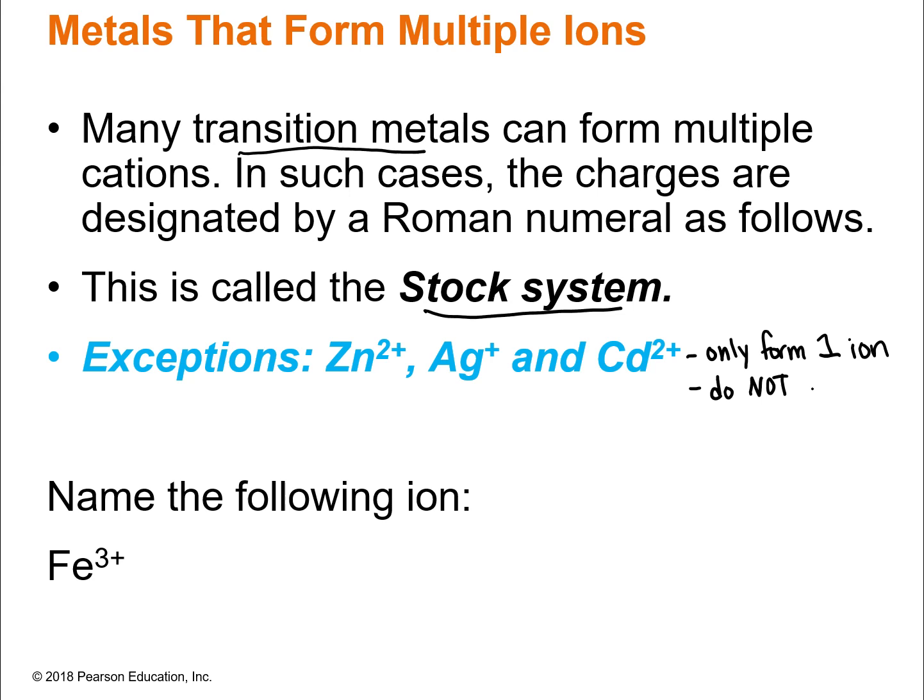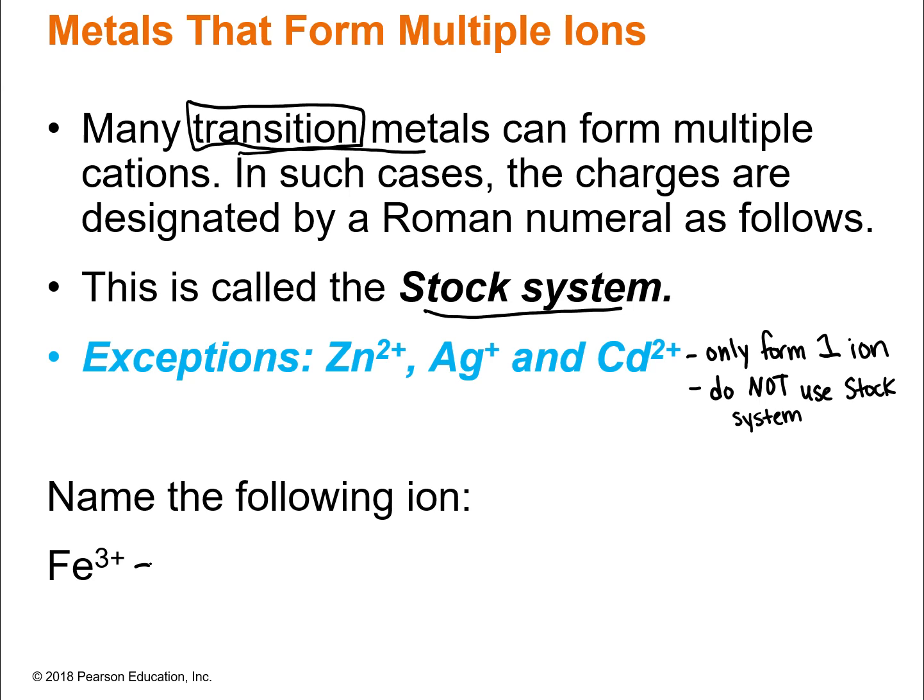So for those, we do not use the stock system. All the other transition metals, key here being transition metals, we use the stock system. So I'll show you what that means.